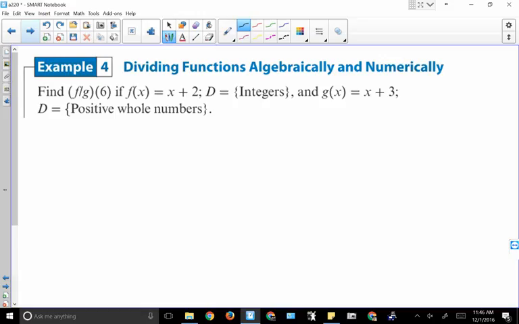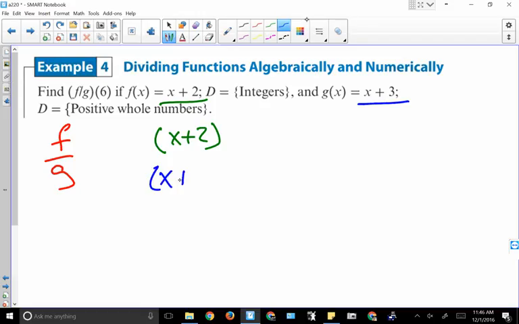Dividing. All I am going to do is set up f over g. What's f? Well, f happens to be right there, so that's going to be x plus 2. What is g? G is right there. That is x plus 3.